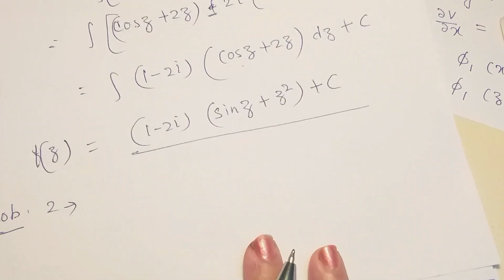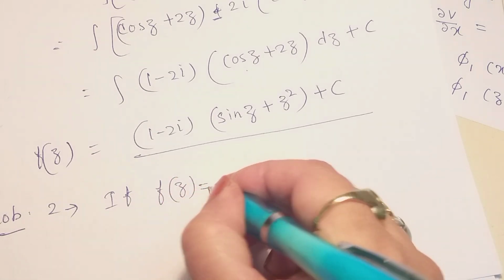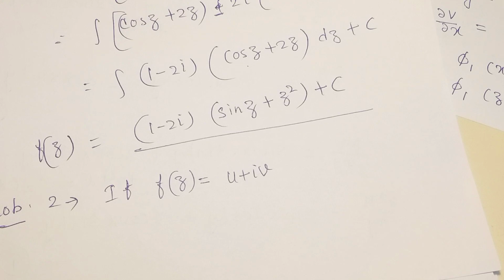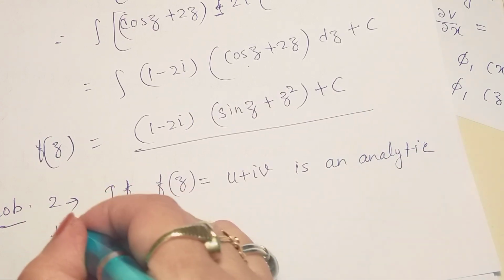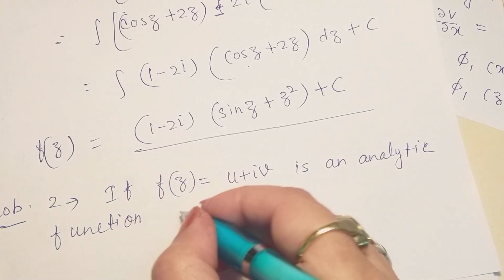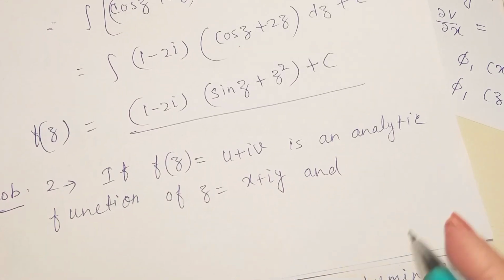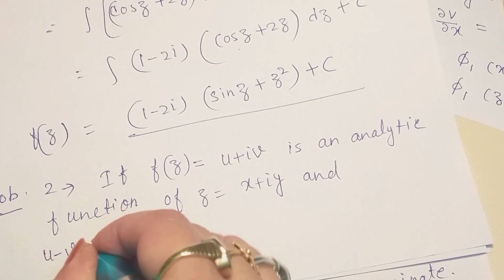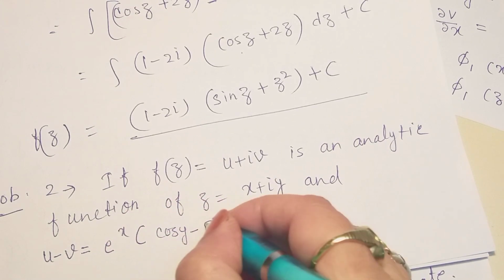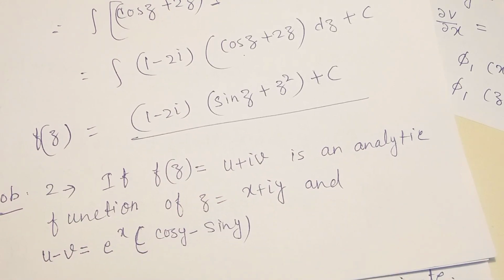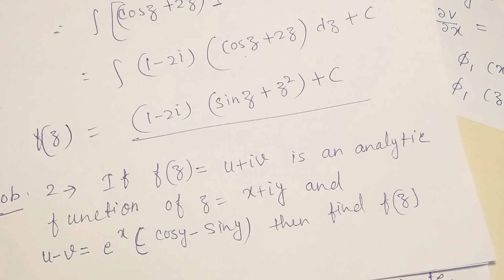So problem 2. If f(z) is equal to u plus iota v is an analytic function of z is equal to x plus iota y, and u minus v is equal to e to the power x (cos y minus sin y), then find the analytic function f(z).